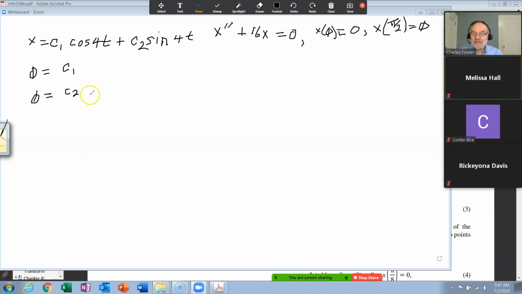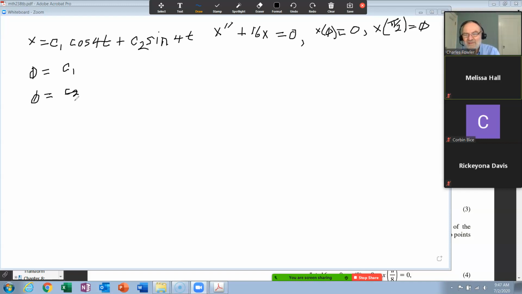And sine of 2 pi is also 0. So the whole term disappears.